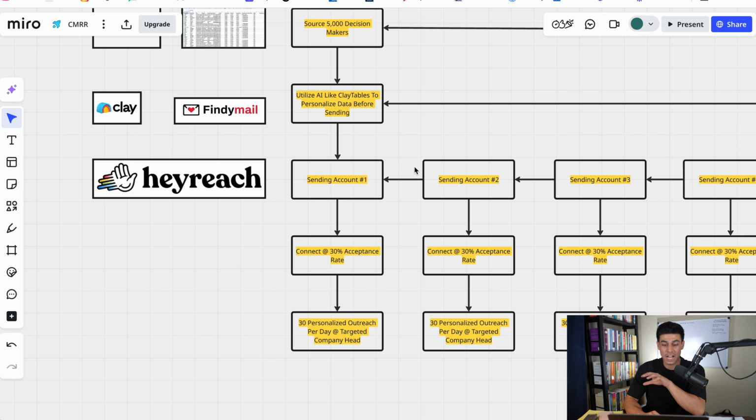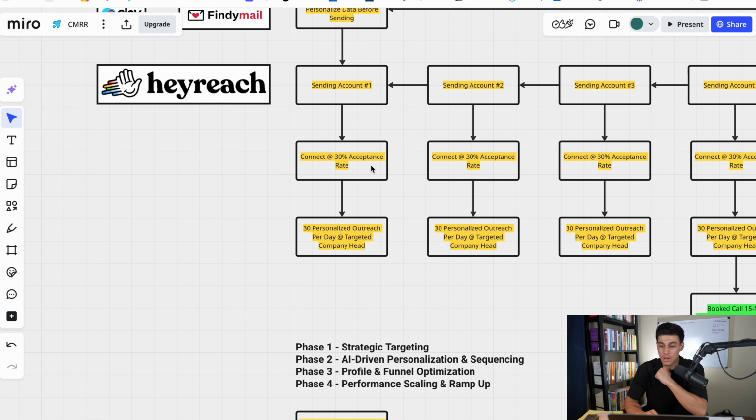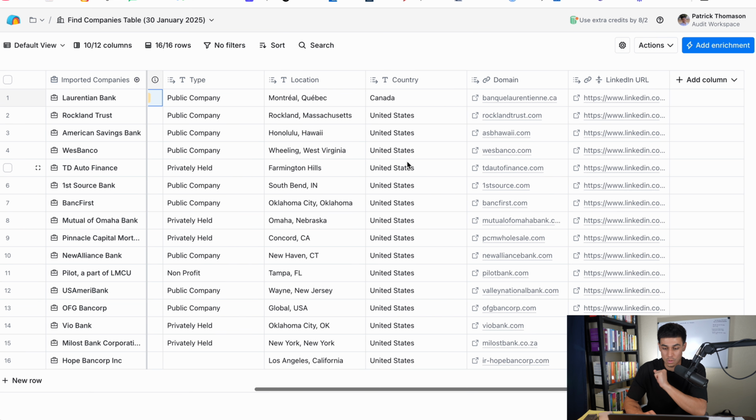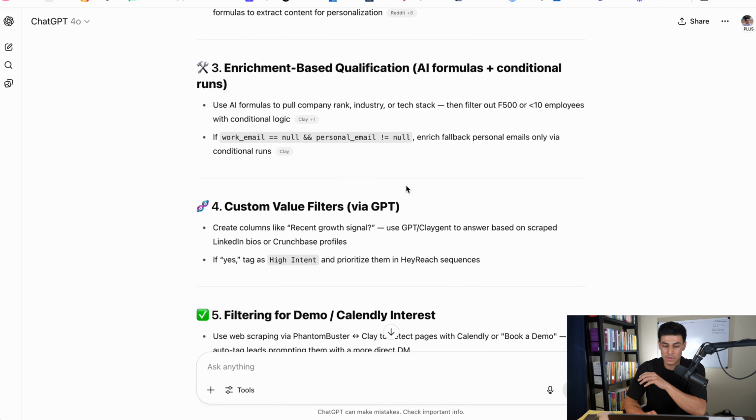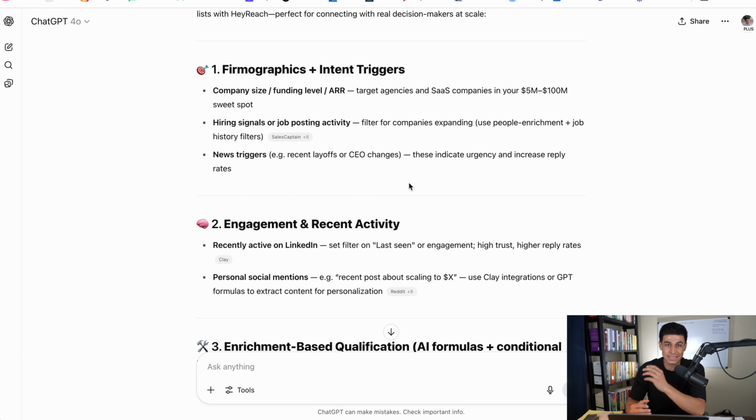Okay. So I just want to show you guys a little bit more about this funnel, a little bit of a use case scenario of how this can work in Clay tables. And then I wanted to give you guys some sort of pre-populated intent triggers that you can use inside of this system to increase your likelihood of booking calls and closing deals with these larger companies.